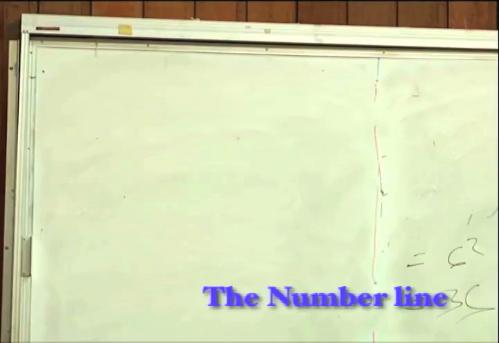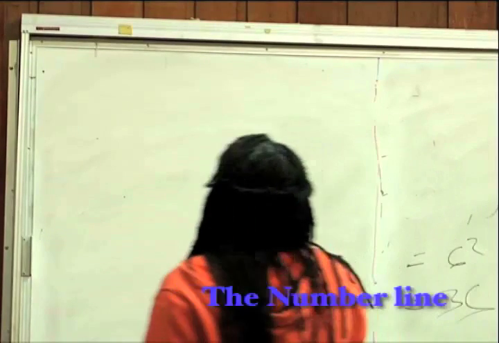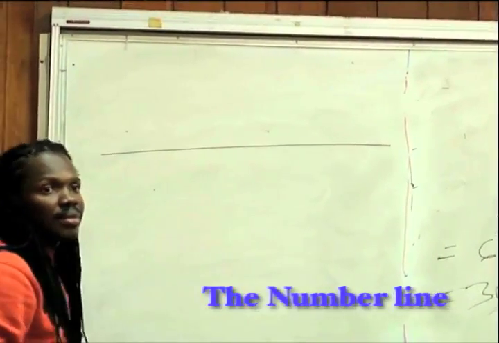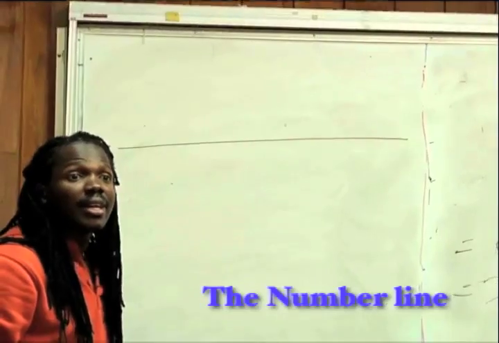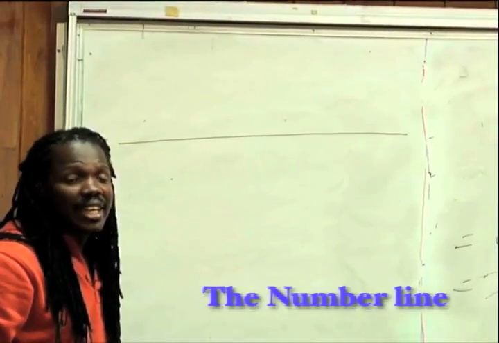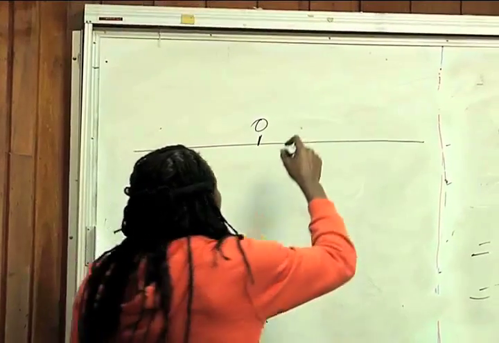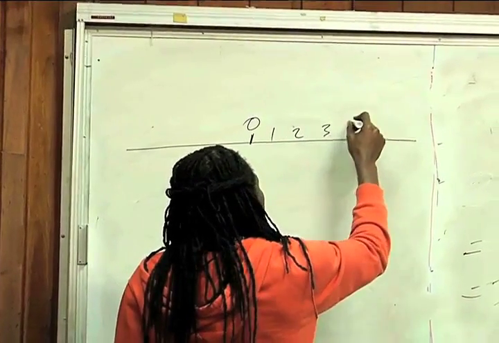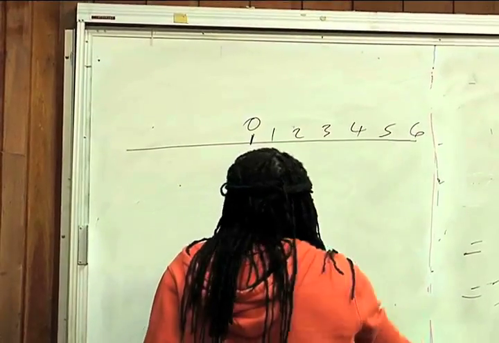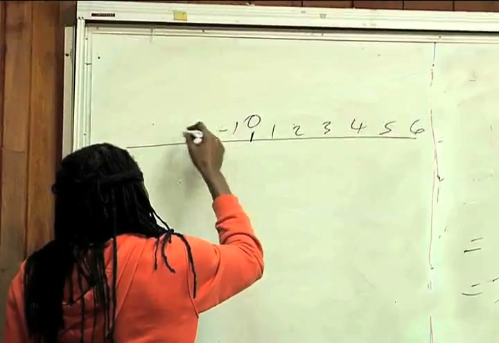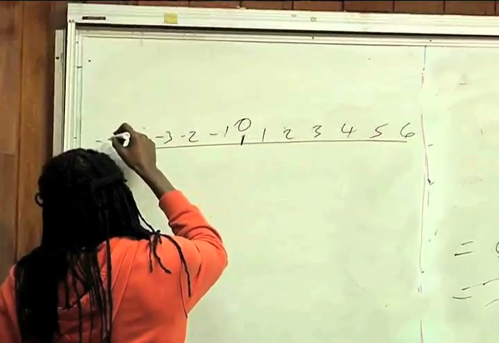Watch me now. You have a thing called a number line. You've never heard about a number line? Zero on your number line, and you have 1, 2, 3, 4, 5, 6, and then negative 1, negative 2, negative 3, 4, 5.